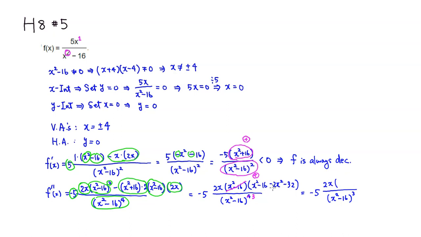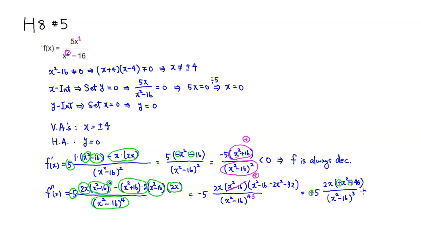So this is going to be negative x squared minus 48. Since both of these are negative, I'm going to incorporate this negative sign to turn everything into a positive sign.